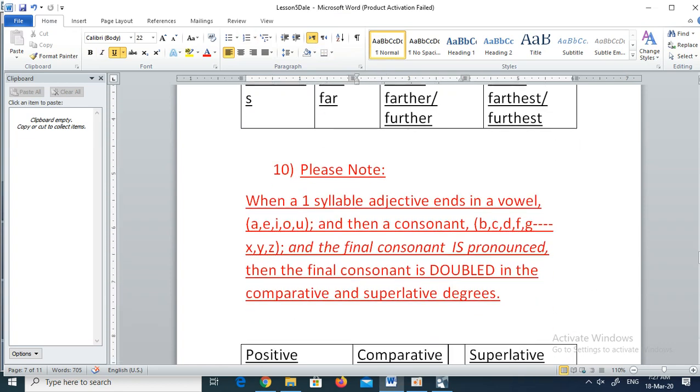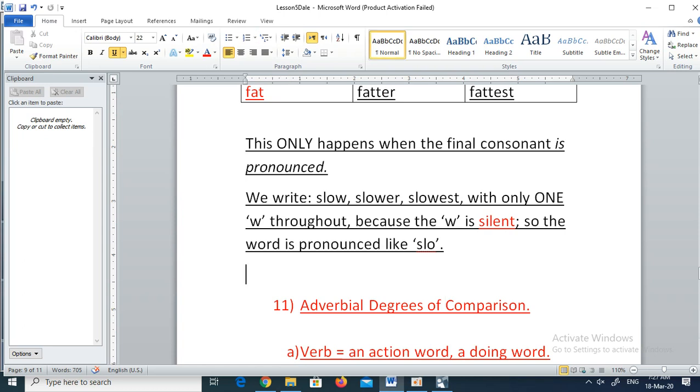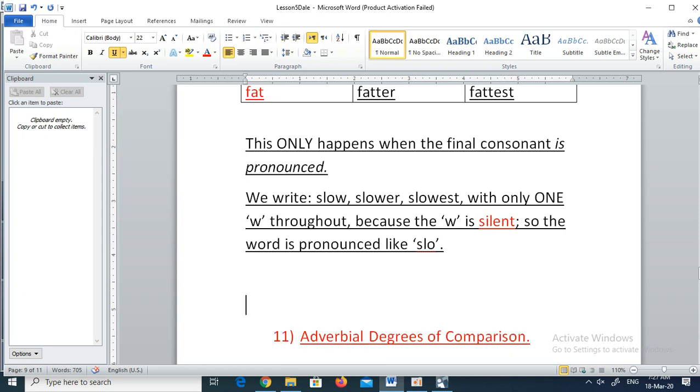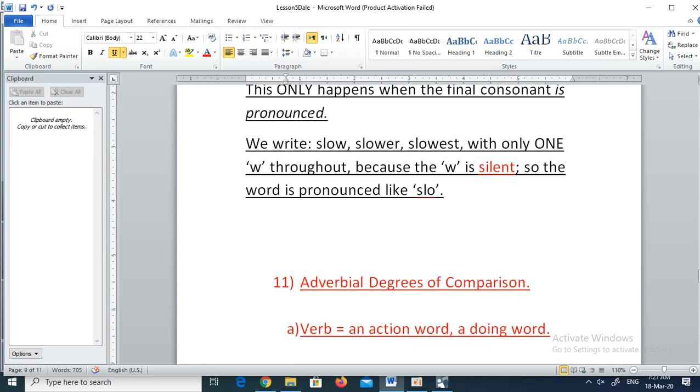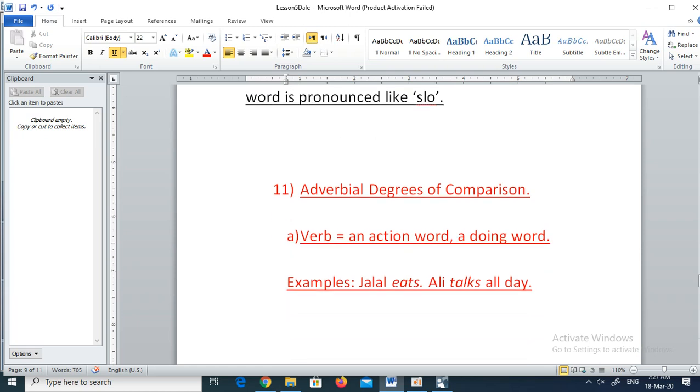Now, the other section that we had to cover today is the adverbial degrees of comparison. Now, before we go through that, I need to know that you understand the grammatical terms.